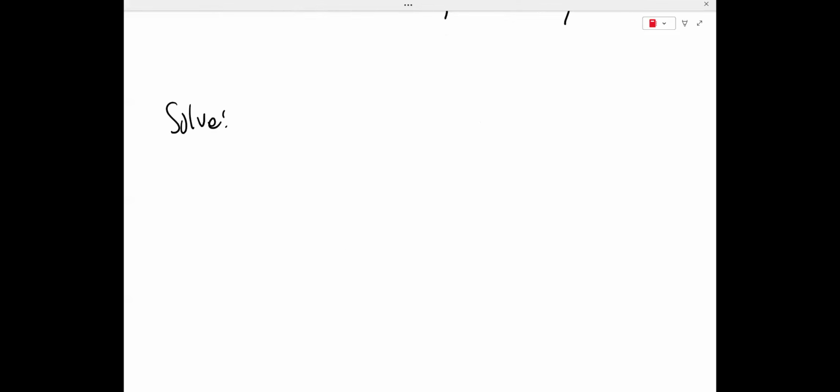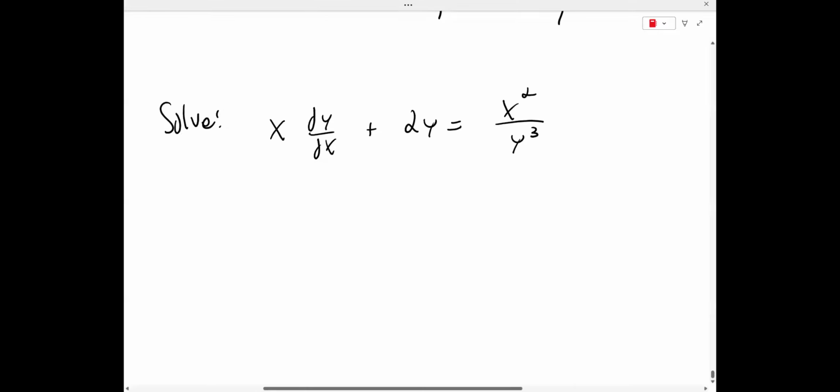So let's try this one here now. Let's say x dy/dx plus 2y is equal to x squared over y cubed. And a couple of assumptions here when we're solving this. We'll assume here that x is greater than 0.